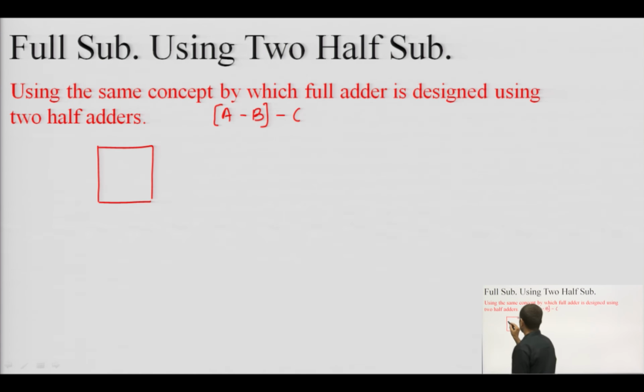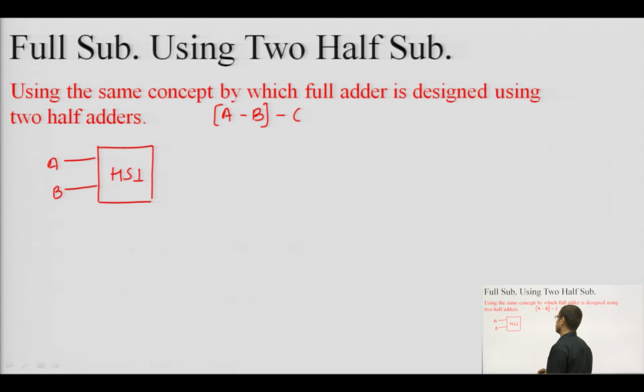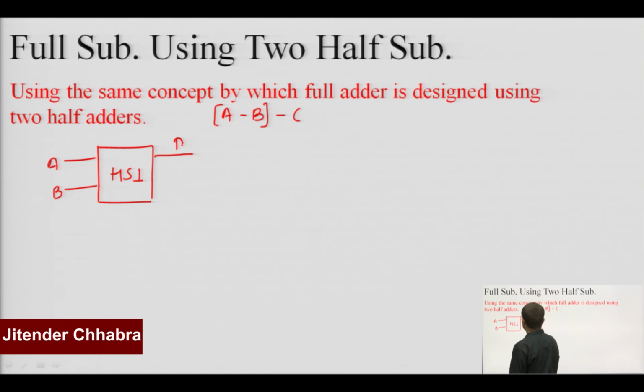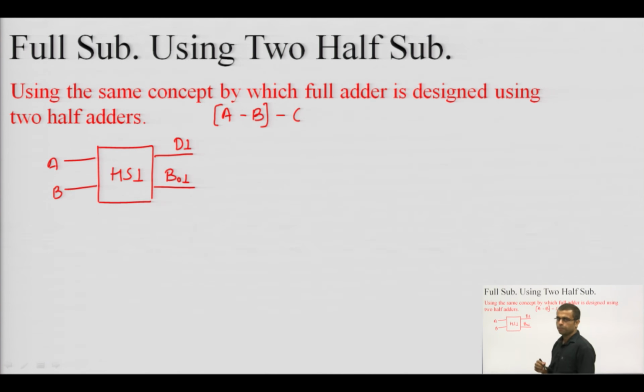So, this is A, this is B, entering a half subtractor. This is my first half subtractor, I mention it as HS1. This will produce D1 and this will produce B naught 1, borrow out 1. So, these are the 2 outputs of this half subtractor.